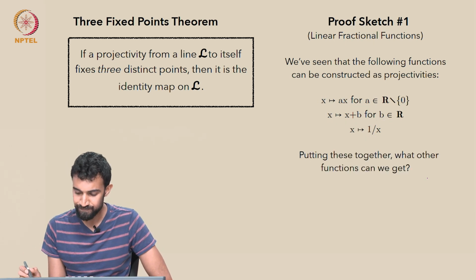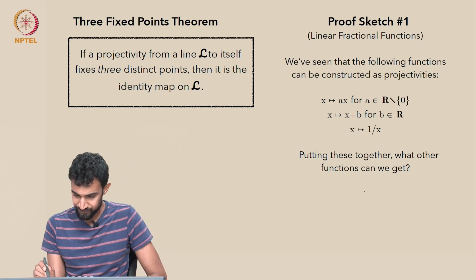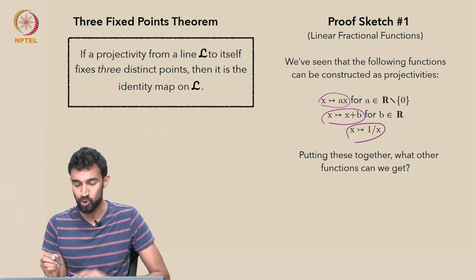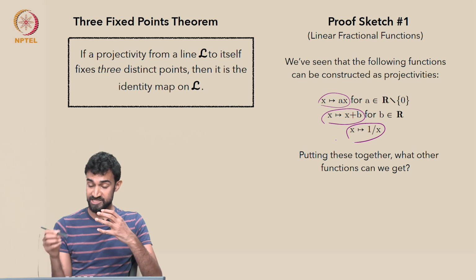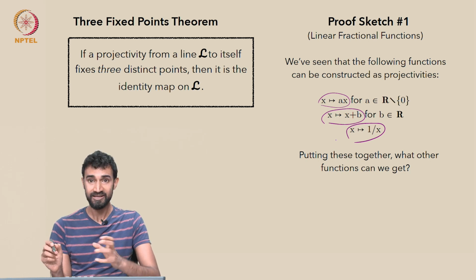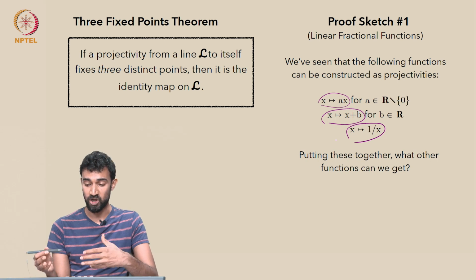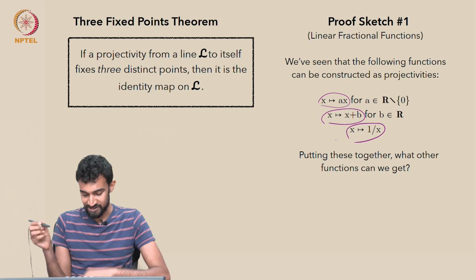Putting these together, what other functions can we get? Taking combinations of these 3 functions, composing them as many times as you want in any order. What other functions can we get?